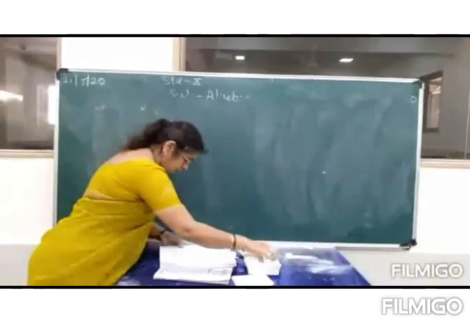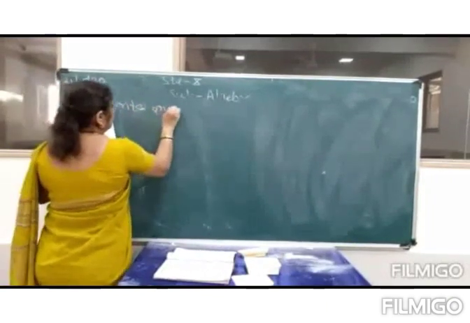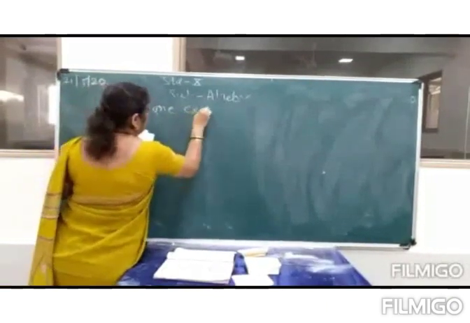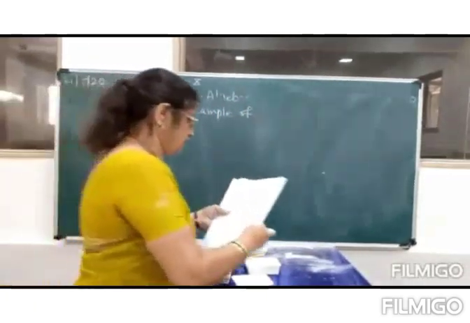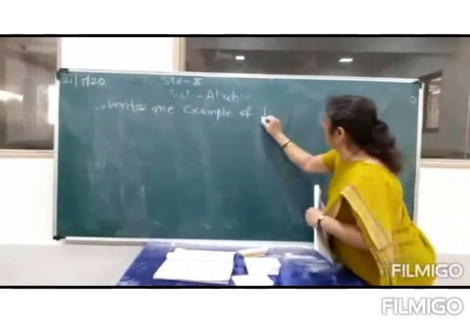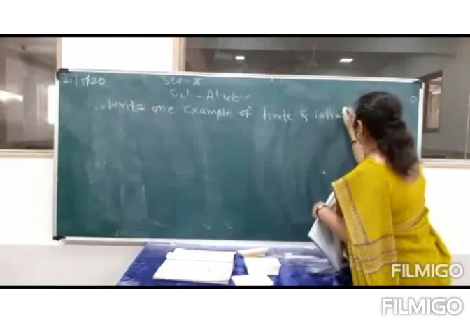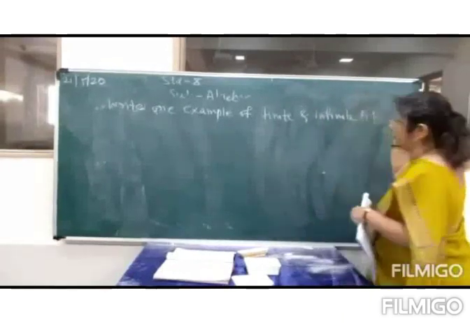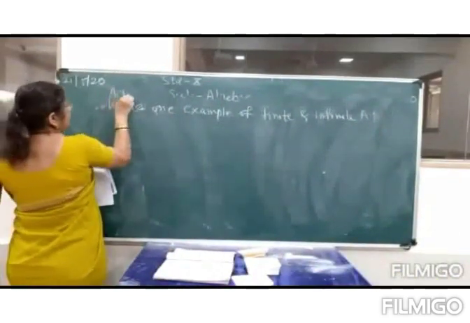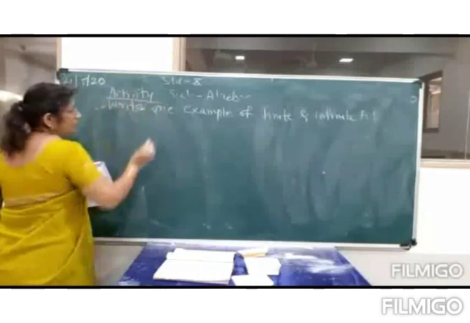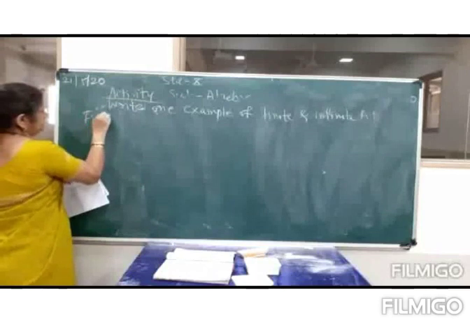The activity is: write one example of finite and infinite AP. This is the activity which is given in your book that you have to write down. Okay. So first we will write for finite AP.